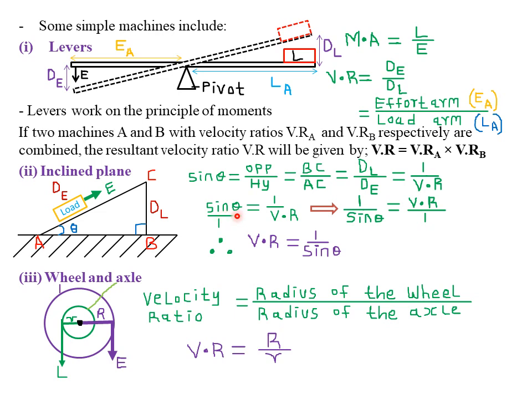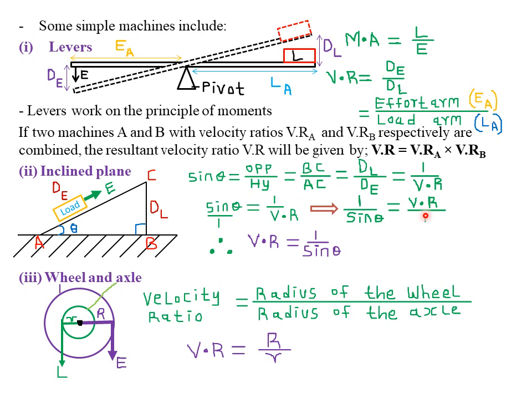Then I can just put sine theta over 1 so that I do cross multiplication. Alternatively, you can also take reciprocals on both sides. If I take reciprocals on this side, I'll have 1 over sine theta. I also take the reciprocal on the right hand side, which will give me velocity ratio divided by 1.